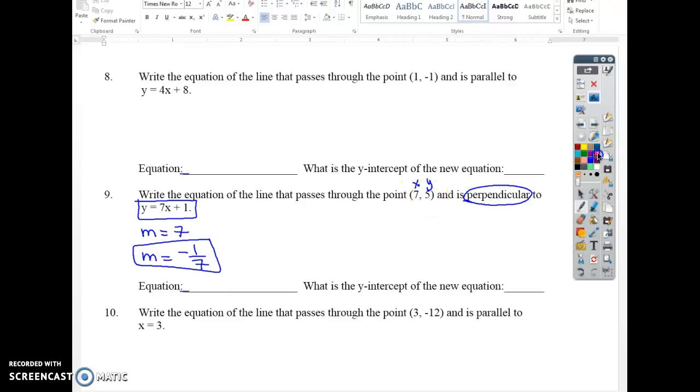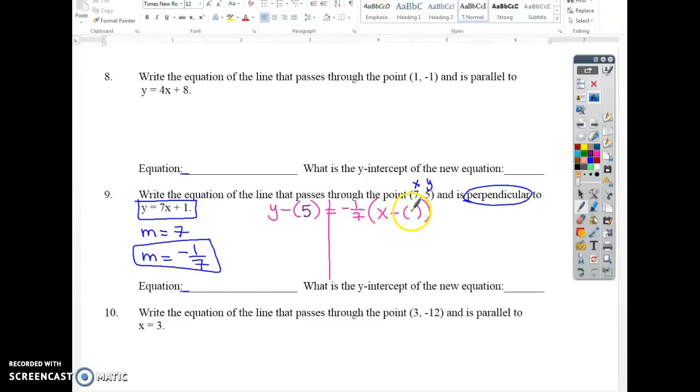So this is my M, this is my X, this is my Y. You're going to use the point slope formula that's on the green sheet, which says Y minus Y1 equals M, which in this case is negative 1 over 7, parentheses, X minus X1, and plug in your numbers. Remember that? My Y is 5, so you're going to put 5 here.